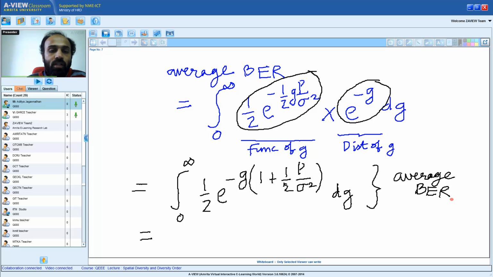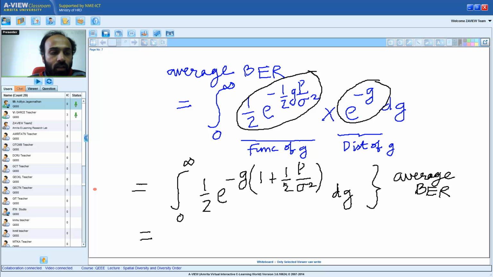Can someone compute what is the value of this integral?